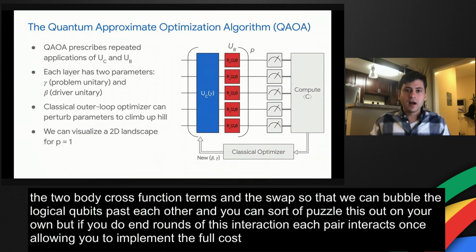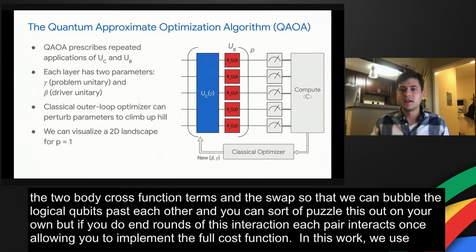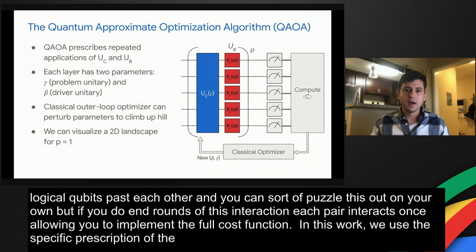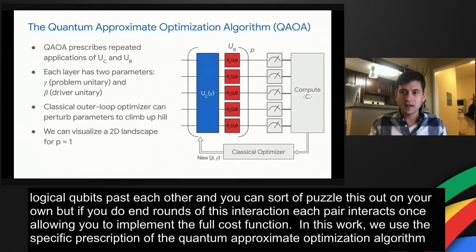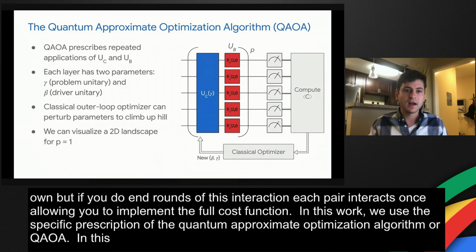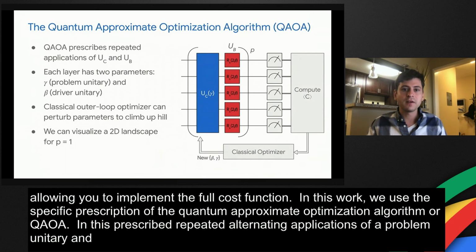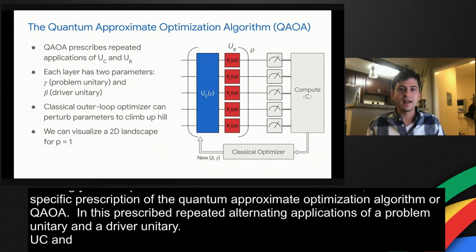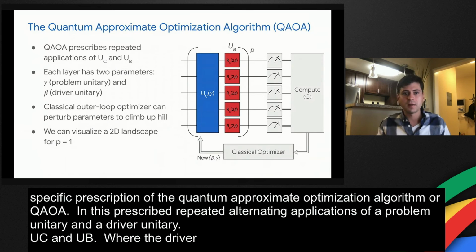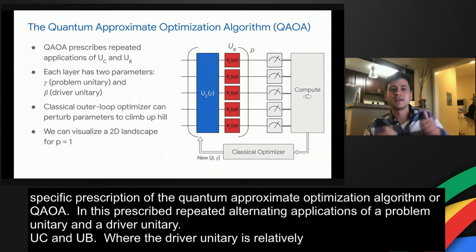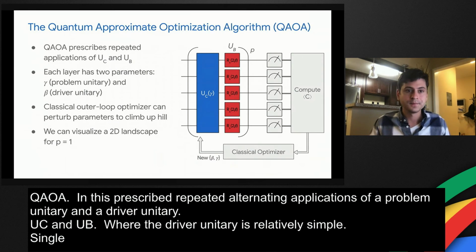For this work, we use the specific prescription of the quantum approximate optimization algorithm, or QAOA. And this prescribes repeated alternating applications of a problem unitary and a driver unitary, UC and UB, where the driver unitary is relatively simple. It's single qubit parameterized X rotations that drive transitions between the basis states.